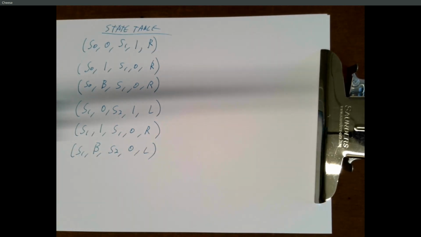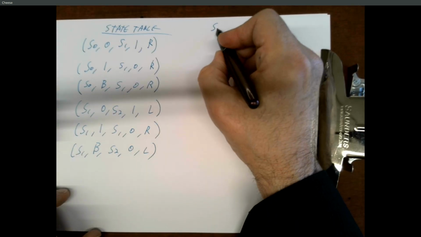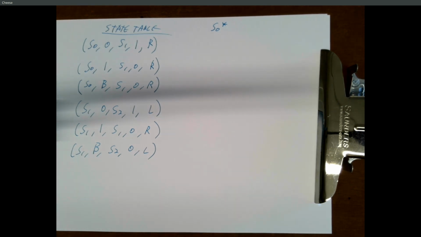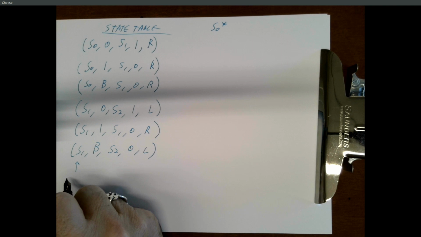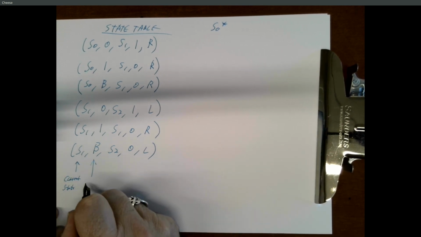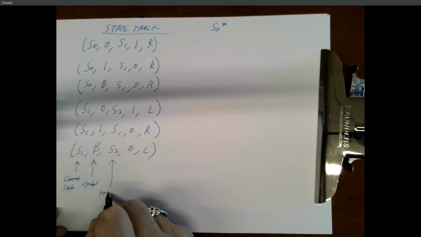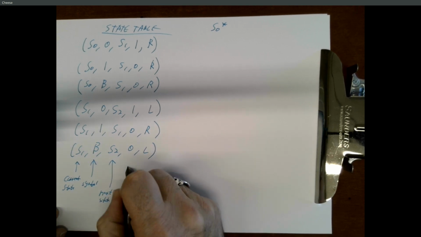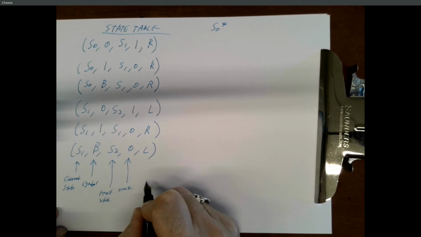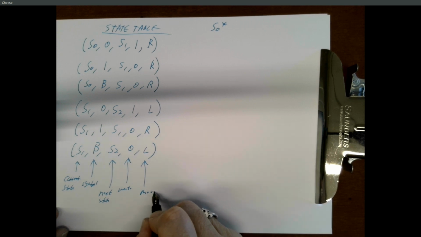So here's a state table with 6 entries in it. And you have an initial state, which is understood somewhere, so maybe S0 is the initial state. And so this looks like current state, symbol, next state, what you want to write to the tape, and which way you want to move.